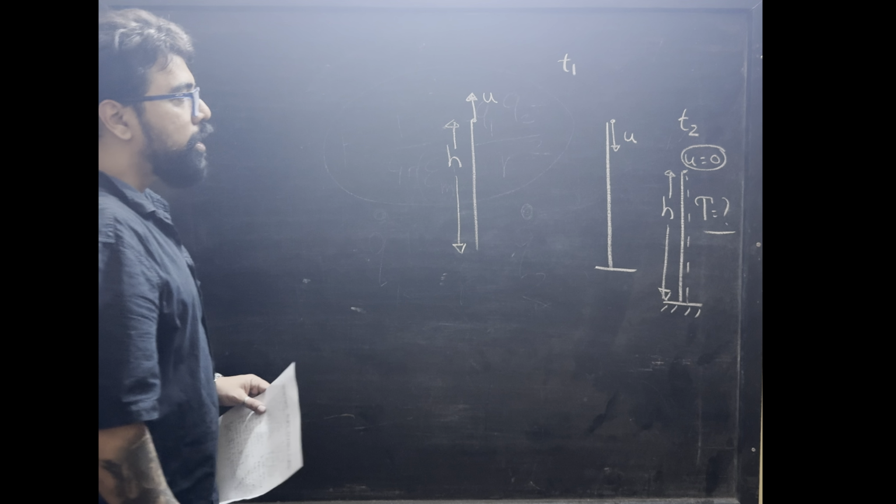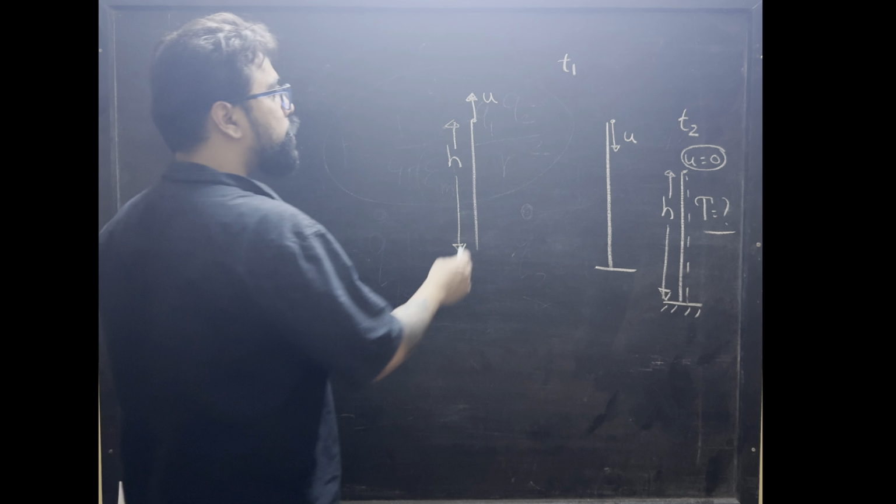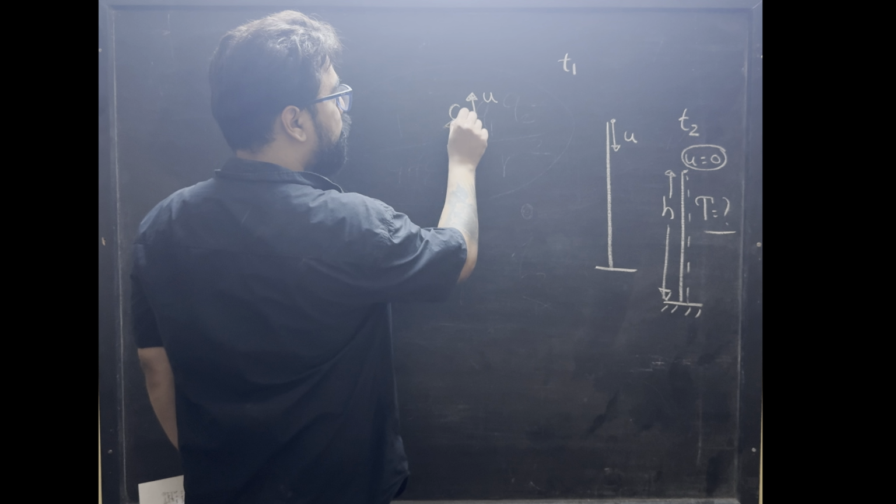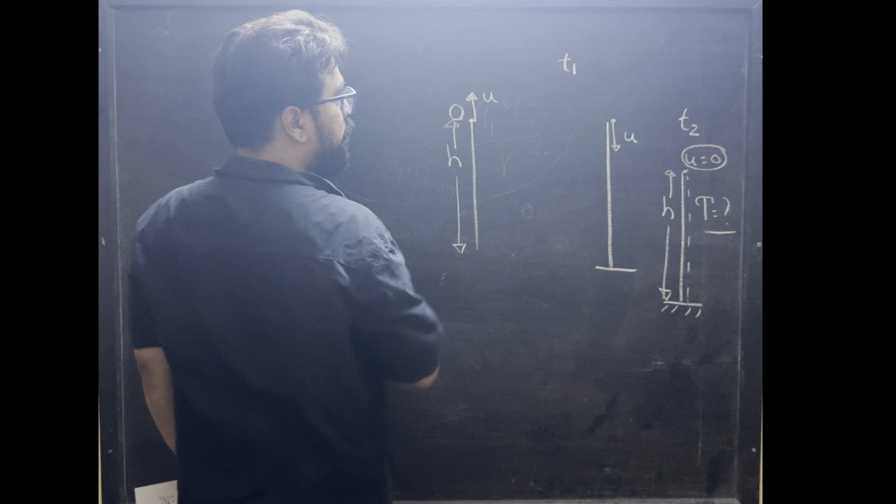Okay. So first let us form the equation for these situations. For the first situation, the ball is projected vertically upward with velocity u. The theory says that wherever you throw the ball, whatever be your point of projection, you have to take the origin at that point. So your origin is at the topmost point.